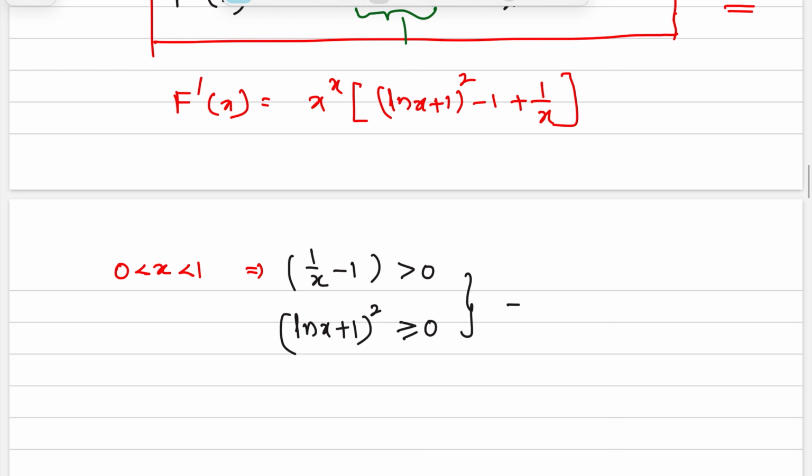These two imply f dash x is always greater than 0, or we can say always positive.